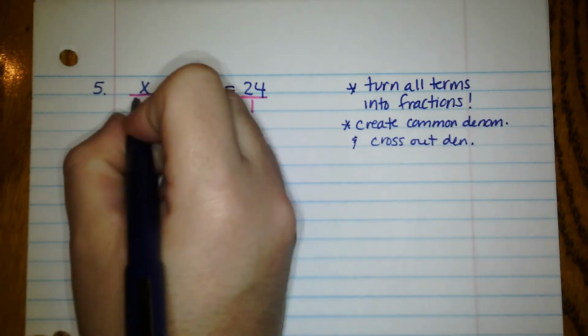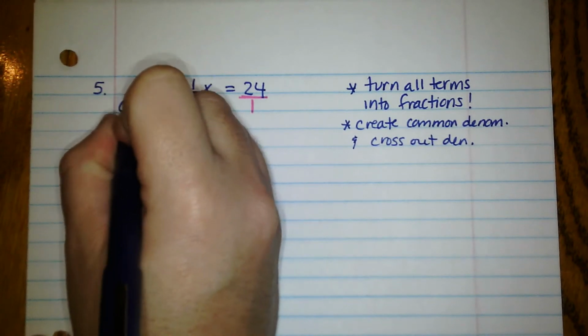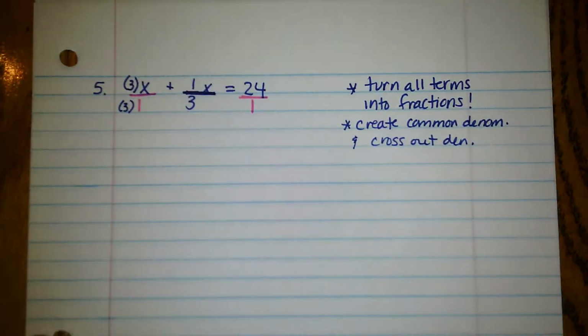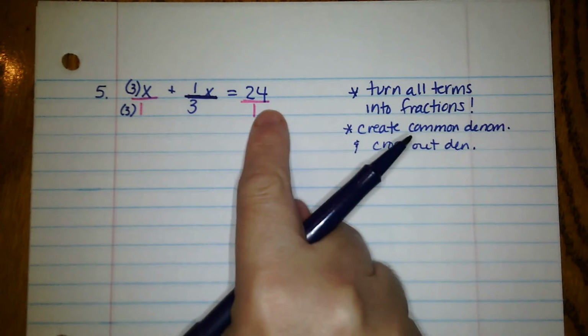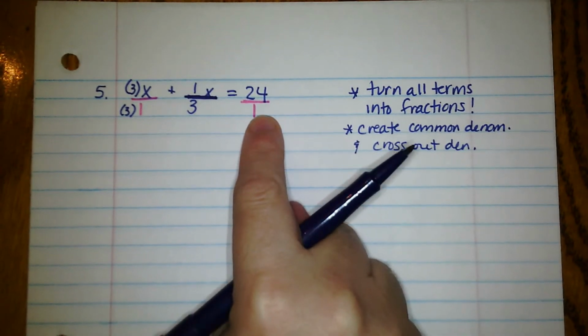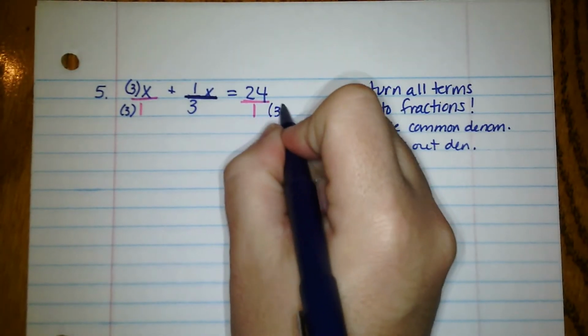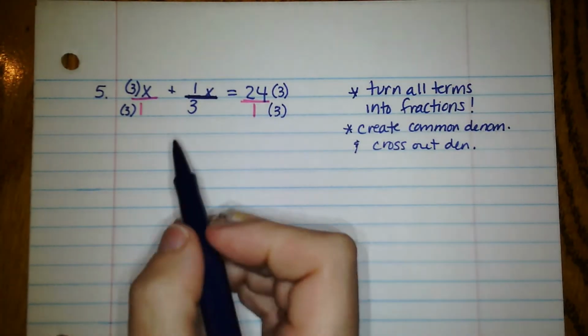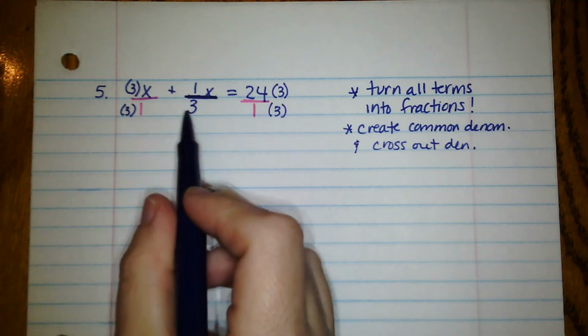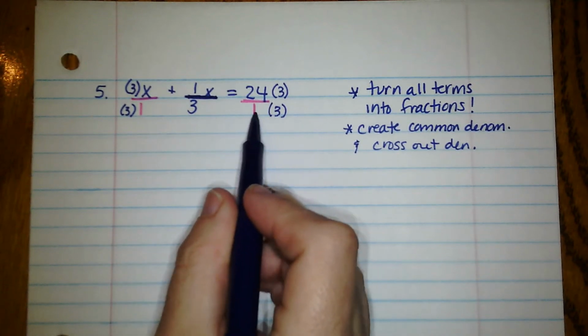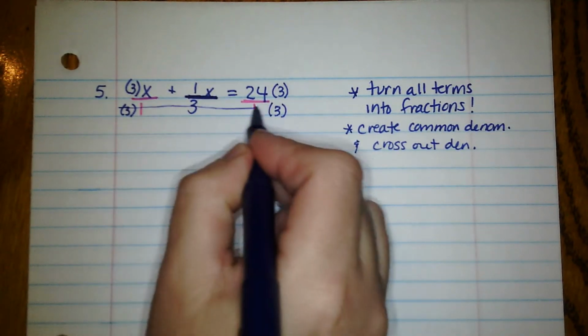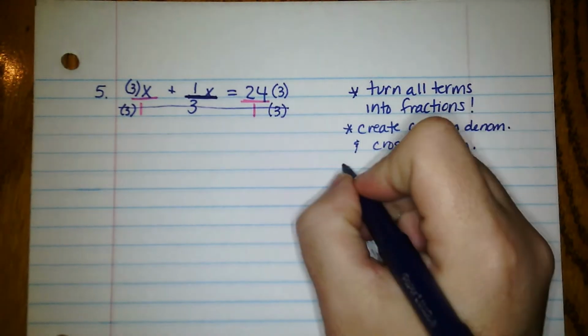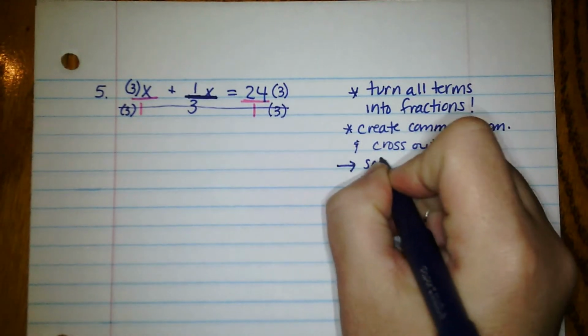So this bottom needs to be multiplied by 3, top and bottom, to maintain equivalence. And this one over here needs to be multiplied by 3, top and bottom, to maintain equivalence. So this is 3 times 1, which is 3. This is 3. And this is 1 times 3, which is 3. So I can cross all of that out, and we're going to solve the top.